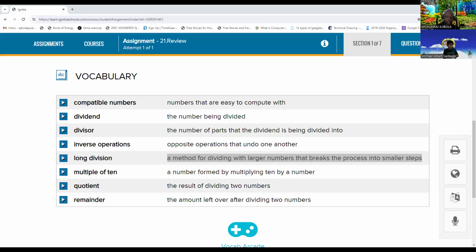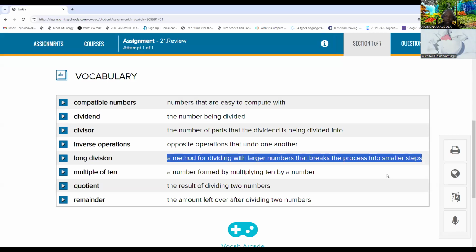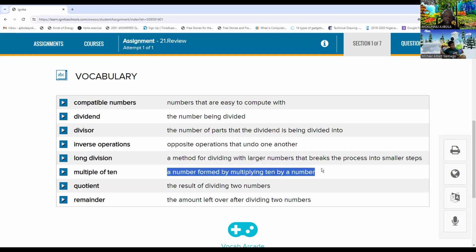I was asking you about long division. What is long division? A method for dividing with larger numbers that breaks the process into smaller steps. Yeah, into smaller steps: divide the first one, multiply, then subtract, then bring down the next digit, right? Okay, good. What is a multiple of 10?